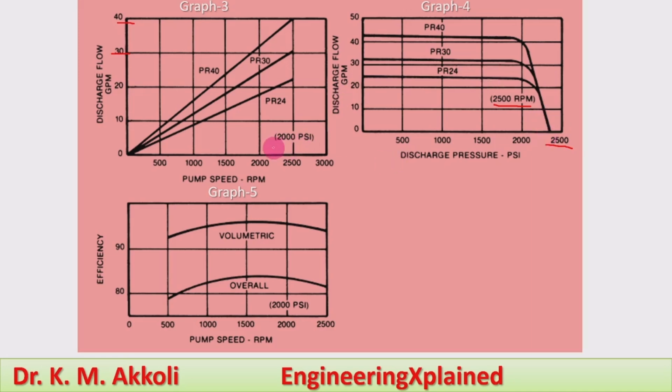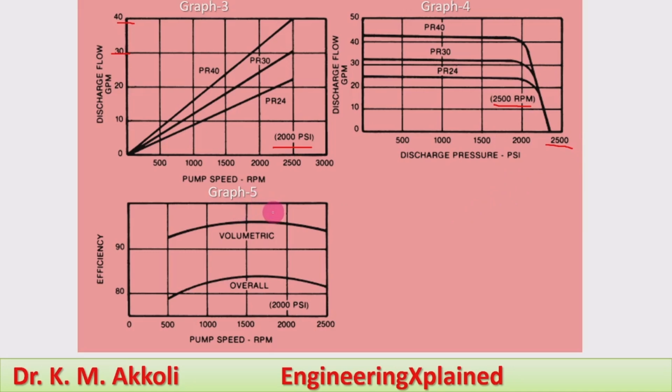Up to 2000 psi pressure only, the flow rates are compared. That is the reason. For higher pressure, for some reason it may drastically decrease and reach zero. We cannot maintain that pressure using radial piston pumps.